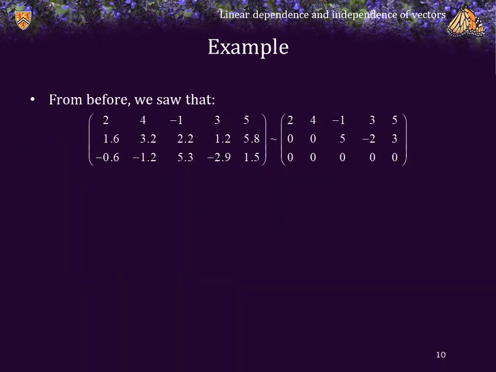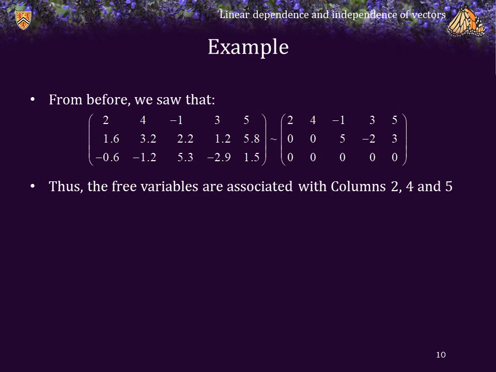Now, from before, we saw that the matrix on the left, that is, the matrix with columns comprising the 5 vectors, is row equivalent to the matrix on the right. Therefore, the rank of the matrix is 2.